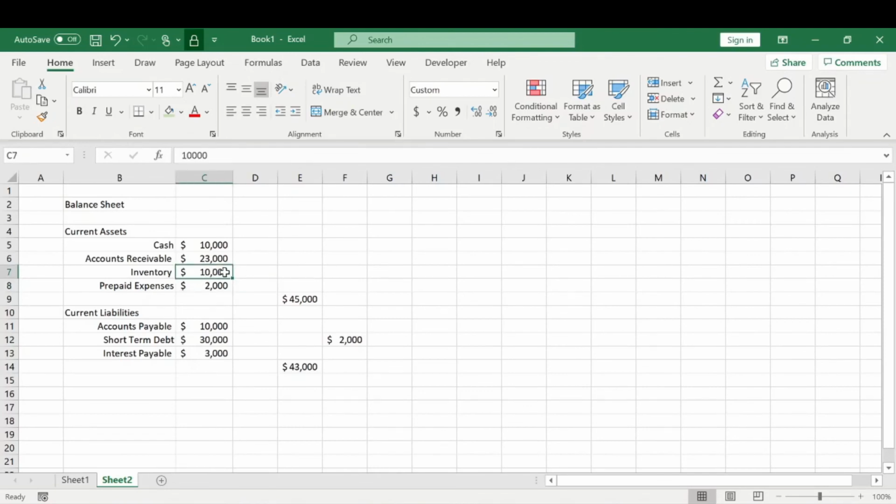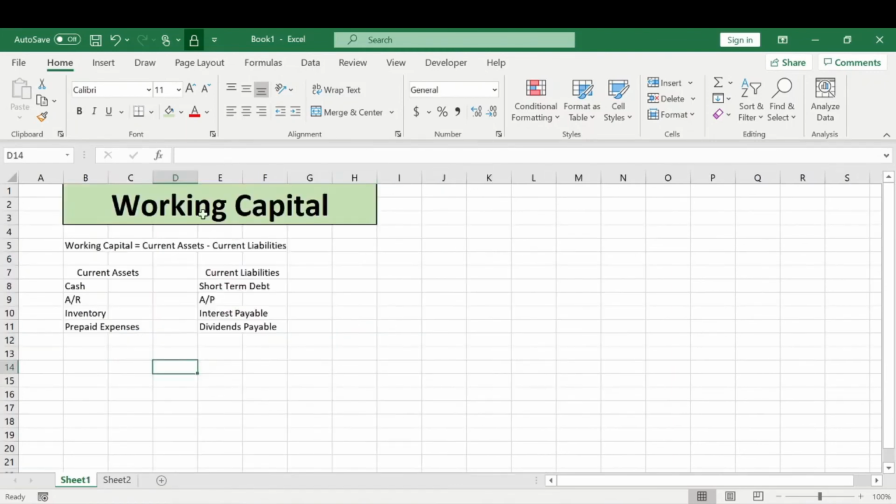Looking here, we don't have a ton of money in inventory. We have a little bit of prepaid expenses, got some good cash, and accounts receivable. So I would say overall, based off of this working capital, we're pretty solid. And so going back here, just to summarize everything, working capital basically tells you how liquid a company is.